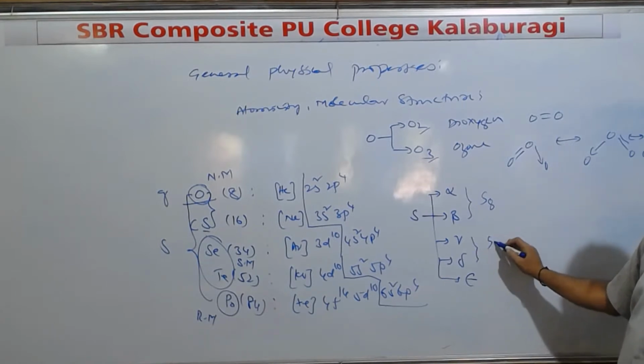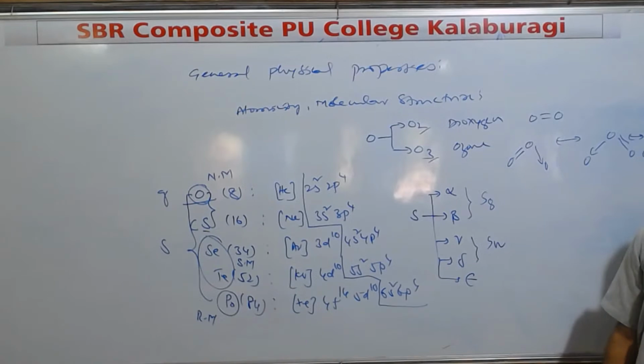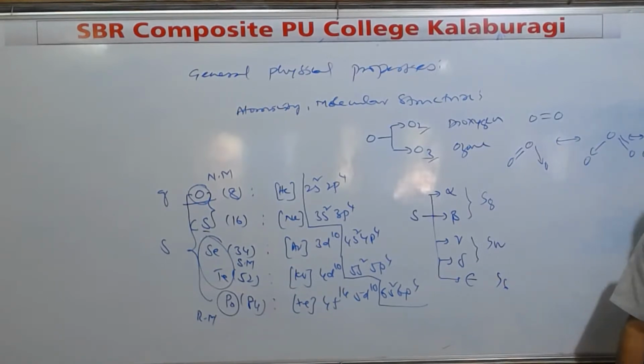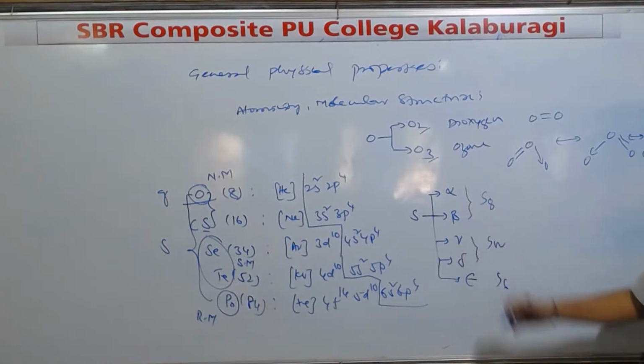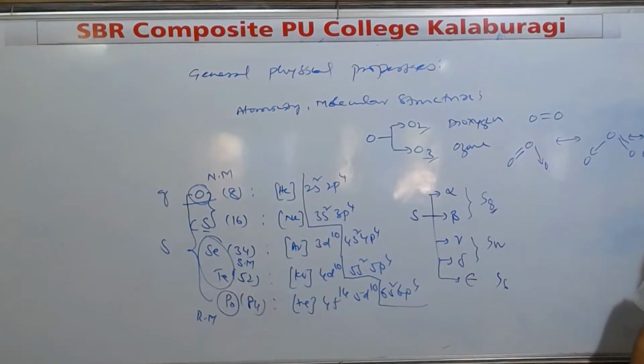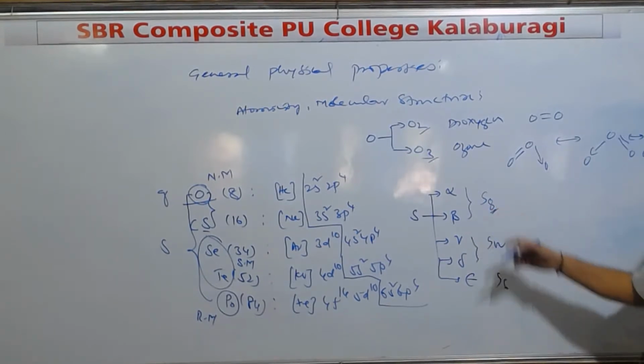Gamma and delta have got Sn. Epsilon has Sx. So in the alpha and beta forms, what is the atomicity? 8. The alpha form is called rhombic sulfur. The beta form is called monoclinic sulfur.